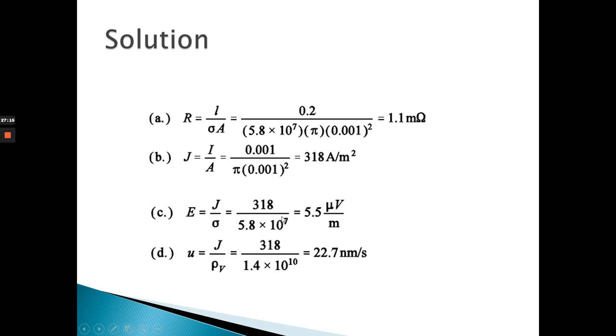Again, you use minus 7 here, not 7. So you get this value, maybe mega instead of milli. Here you will get mega ohm, I believe, and here also you will get mega, I'm not sure, just check it.